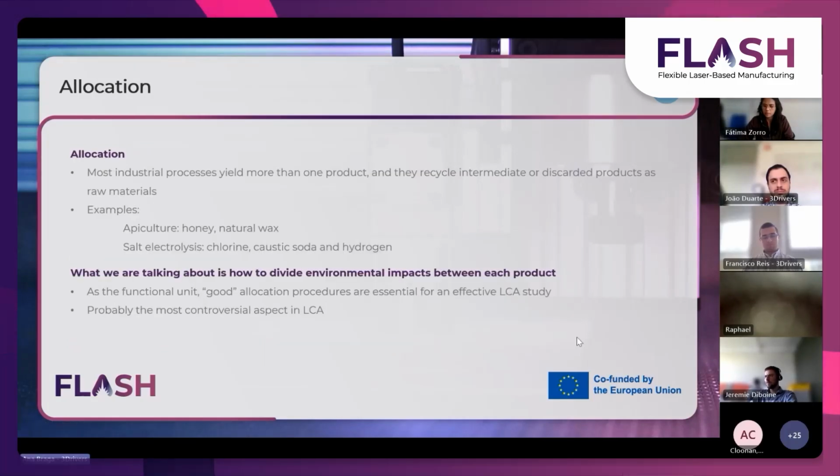The allocation is an important point to consider, because most industrial processes yield more than one product, and then recycle, intermediate, or discard product as raw materials. For example, in apiculture, we can obtain honey or natural wax, or in more industrial cases, solid electrolysis, we can obtain chlorine, caustic soda, and detergent.